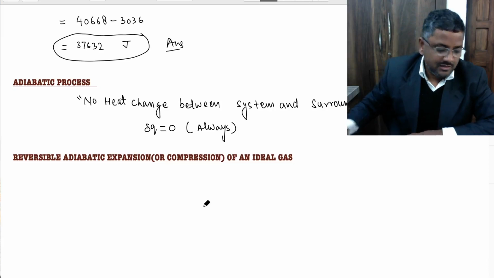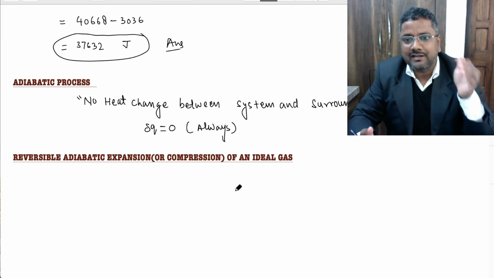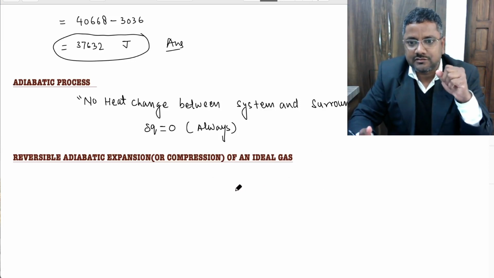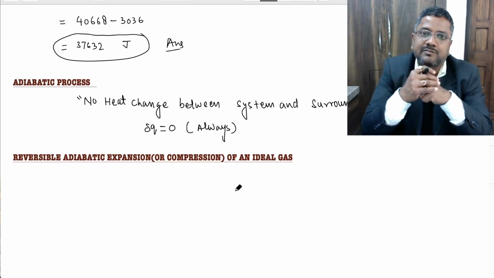But this temperature change affects the rate of pressure change compared to the isothermal process. In the isothermal process, when gas is expanding, there is a change in the pressure.